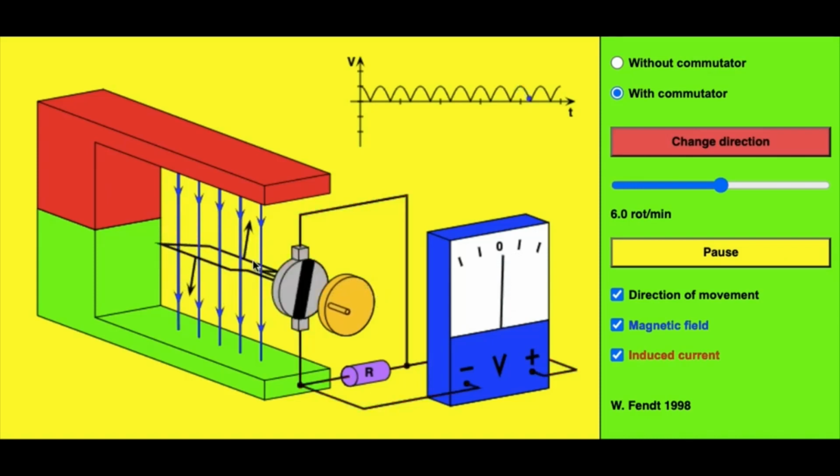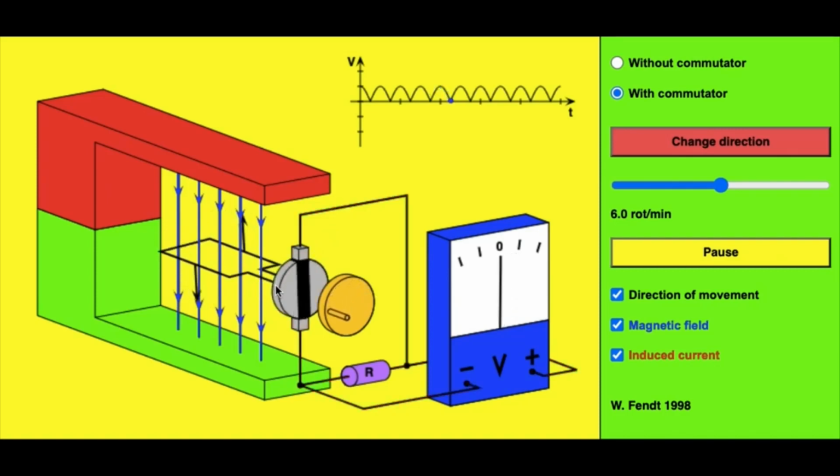We can see here as well, by following one side of the coil, that the current in that coil changes direction every 180 degrees. And so we use a split ring commutator to convert the alternating current in the internal circuit in the coil into direct current in the external circuit. As we can see here, the current in the external circuit is constantly flowing in the same direction.